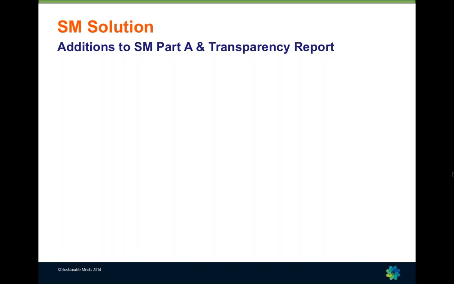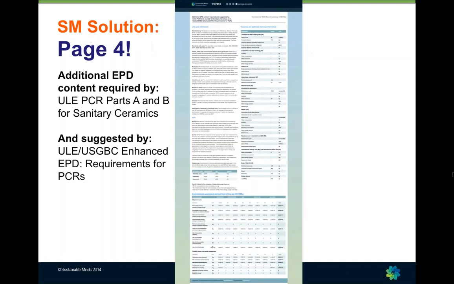And so using that same set of guidance for our program, we're not going to add all that additional content to the transparency report because we care about continuity and ease of use, not only for the manufacturers but for their customers. So here's our solution.